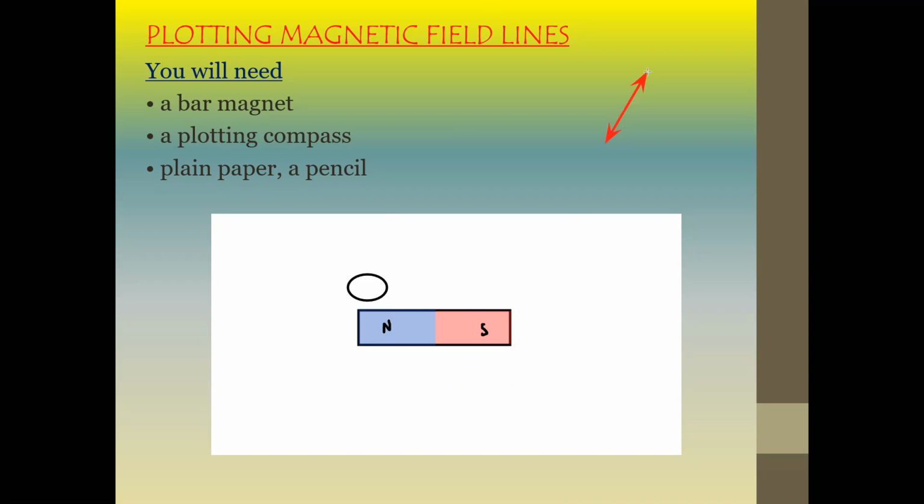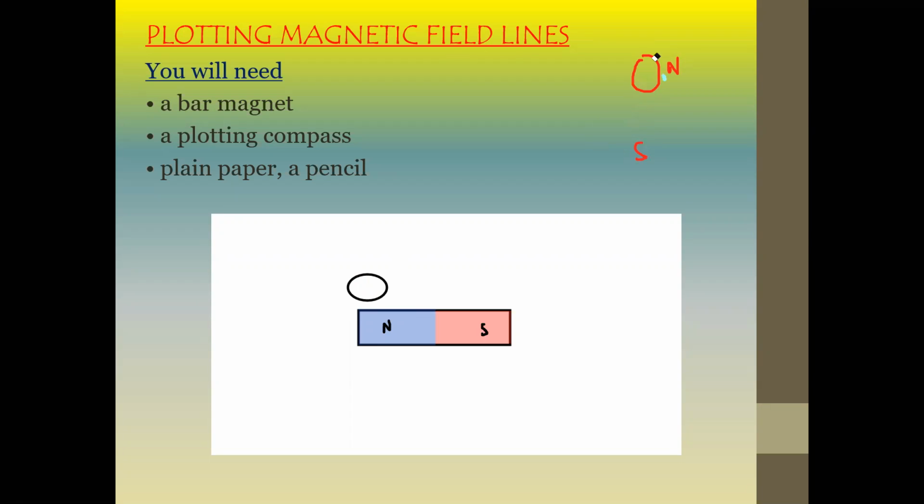Because in the needle of a plotting compass, one part is north, another one is south. And we know like poles, identical poles, repel each other and unlike poles attract each other. So how will the plotting compass needle point?